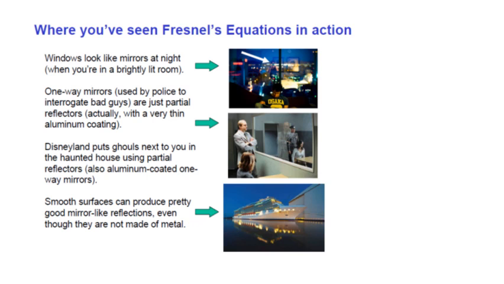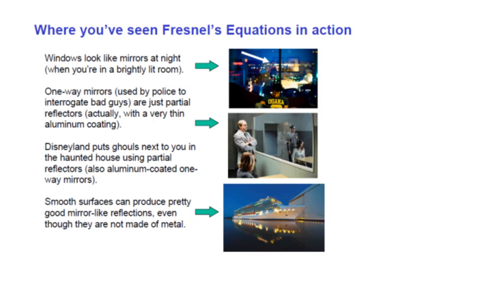The topic may look typical, but you have seen the Fresnel equations in action in many places. A window looks like a mirror at night when you are in a brightly lit room, because more reflection is there.